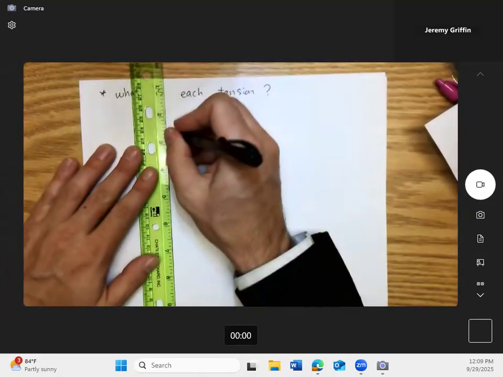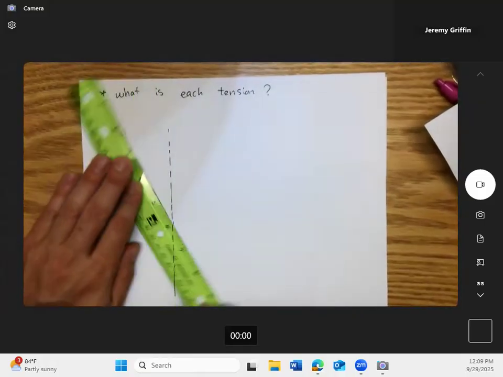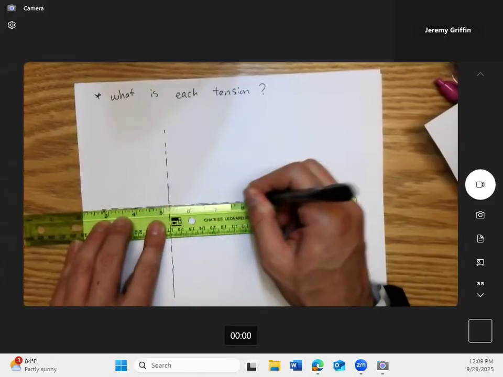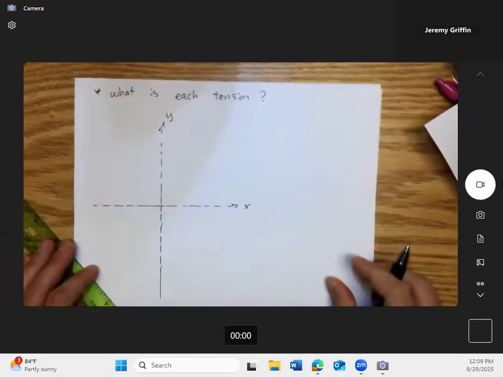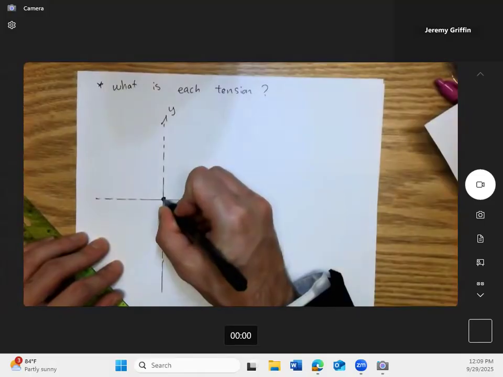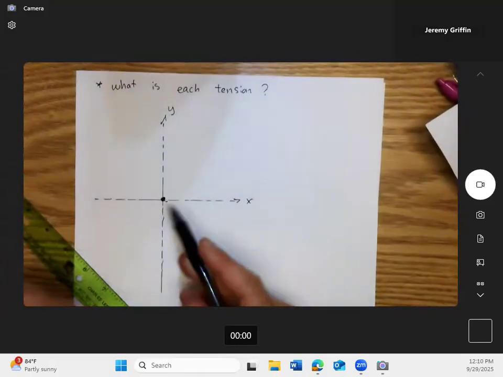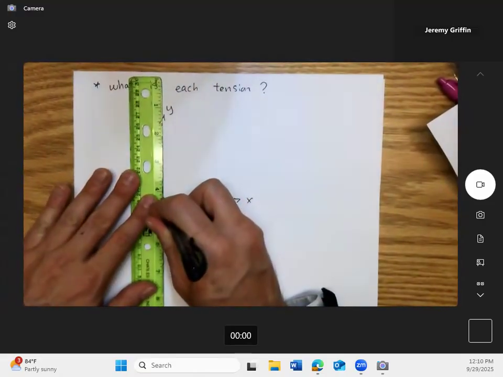So let's set up a Cartesian grid, because I know this is going to go Cartesian at some point. We've got an x-axis, a y-axis. Let's have three ropes come together and they all connect right at that center dot, the origin of the Cartesian system. I'll have one force straight down.